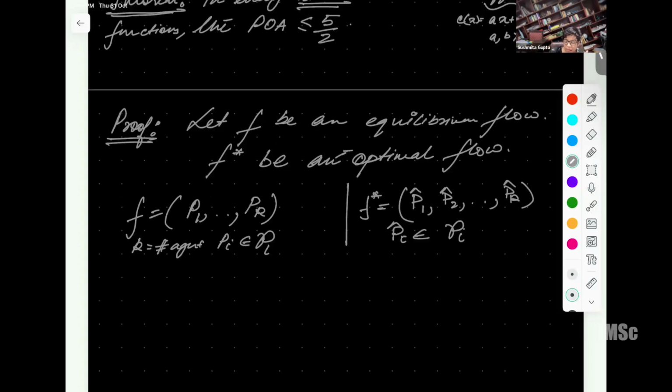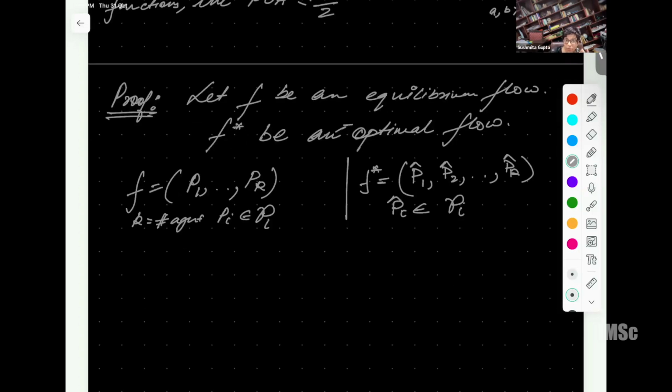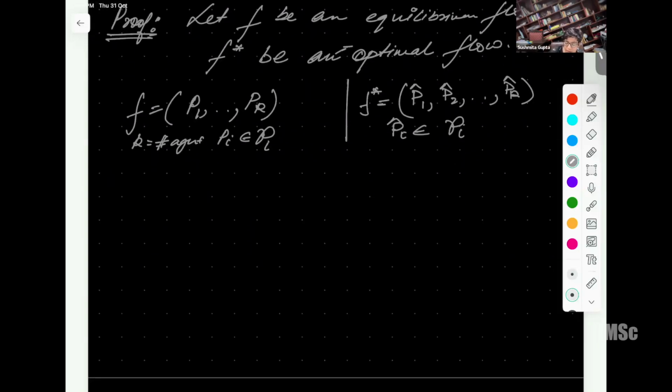So over here, I can't assume that there is a unique one. I can't even assume that all the equilibrium flows have the same value, let alone a unique one. So let's use the definition of equilibrium. What is the definition of equilibrium flow?